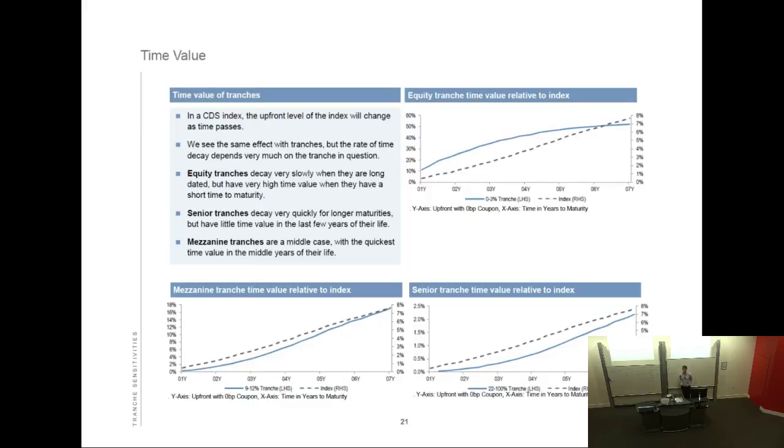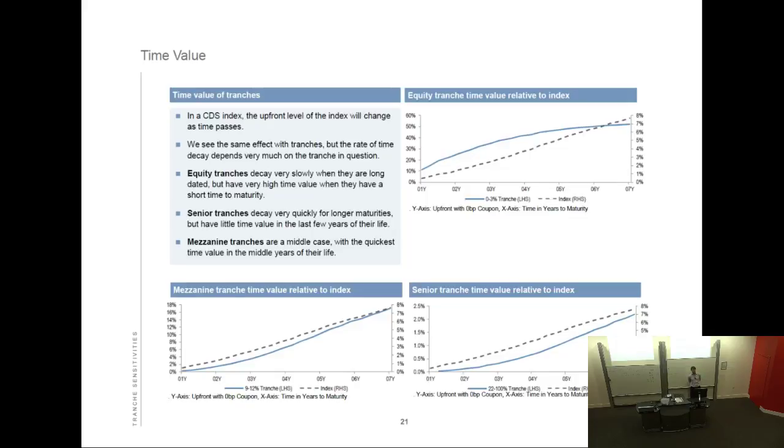The equity tranche in a way is very prone to jump risk, right? At any point in time, the equity tranche suffers if any name defaults. And that's the type of risk that doesn't roll very fast. If tomorrow we were trading an index or a super senior tranche that expires in 2 days' time, we would both agree that's pretty much worthless, that the spread of that would be close to zero.